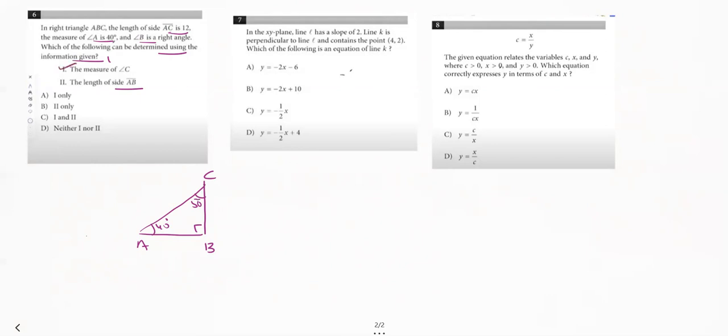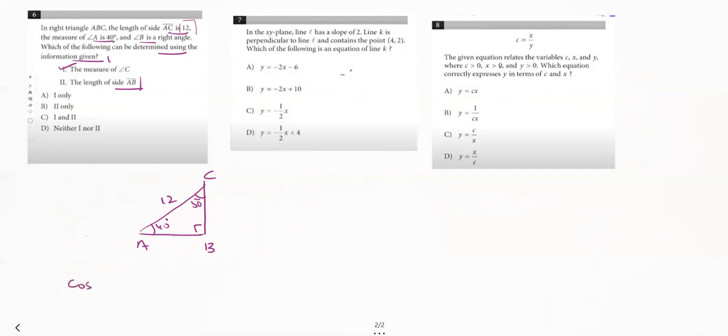Yes. Then they are saying the length of side AB. Now look at this. They have given one value, 12. AC is 12. Right? So if I want to find AB, AB is the base, right? Yes. So for the base, what do we use? Cosine, right?